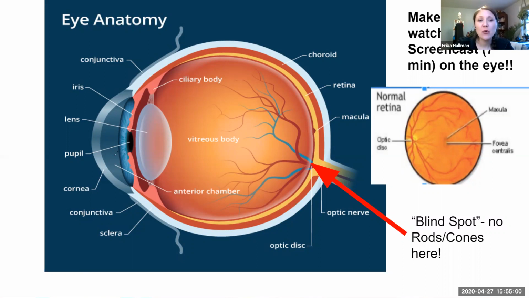So the humor is going to be any kind of liquid congregation of area. So the very first humor we have is here, the space between our cornea and our iris. And then the second one, the vitreous humor, is going to be here.